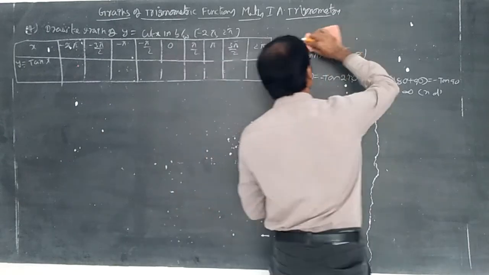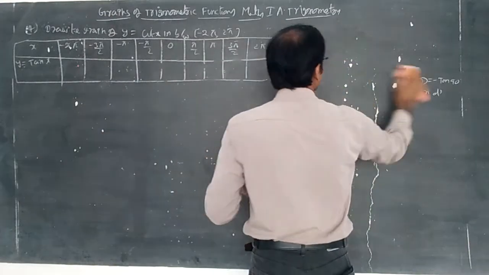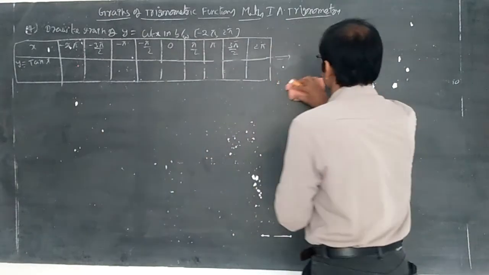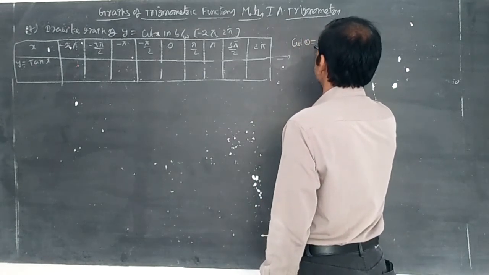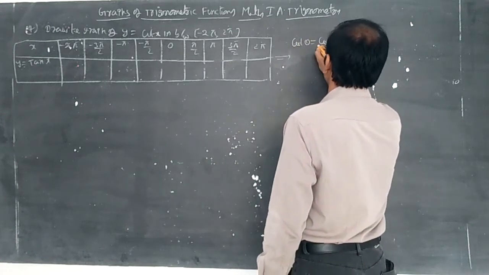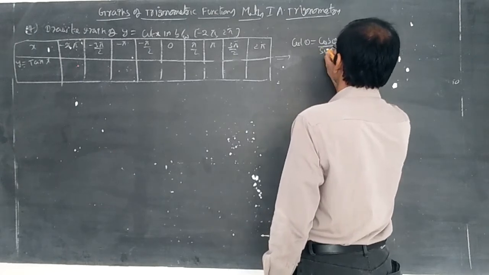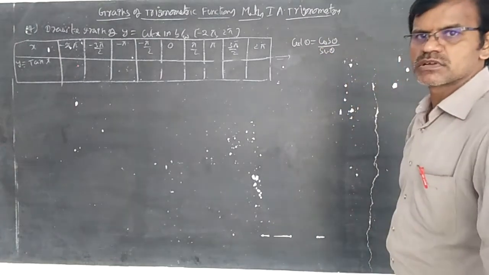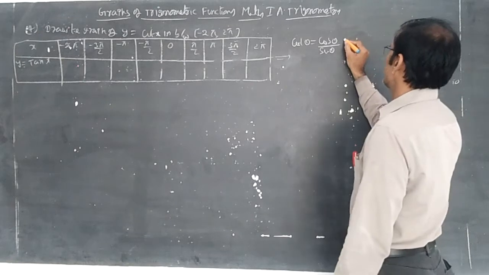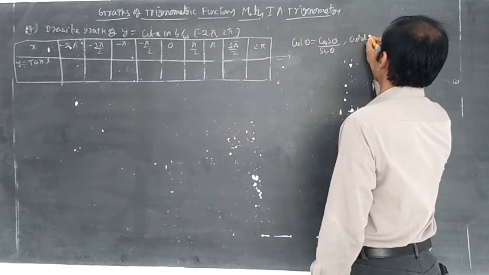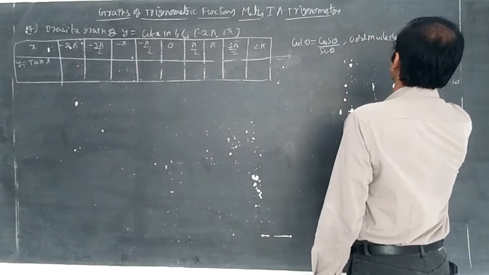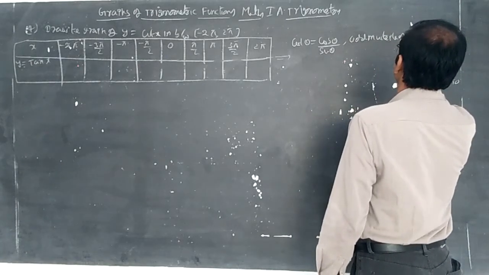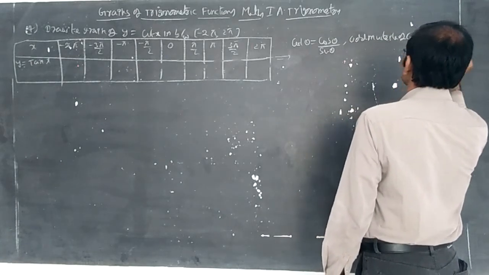Here we can write, since cos of an odd multiple of 90 is equal to 0, remember the formula: cot theta is equal to cos theta by sin theta. Cot theta is equal to cos theta by sin theta. Cos of an odd multiple of pi by 2 is equal to 0.